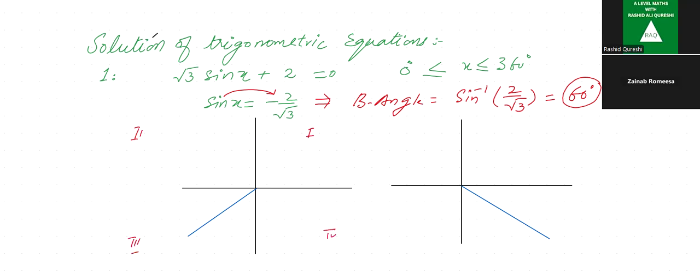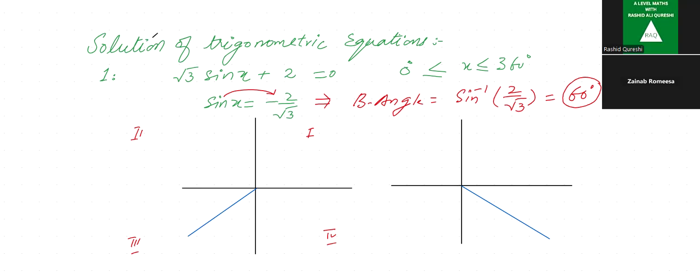Previously, you know that sine is negative in the third and fourth quadrants. That's why I have to make a straight line starting from the origin and lying in the third quadrant. So basic angle is that angle which is with the x-axis and acute. There are two angles between the x-axis and this line. The first angle is this one, the second angle is this one.